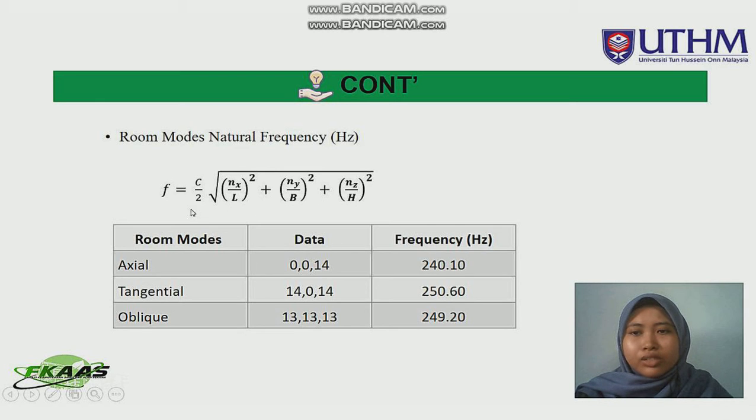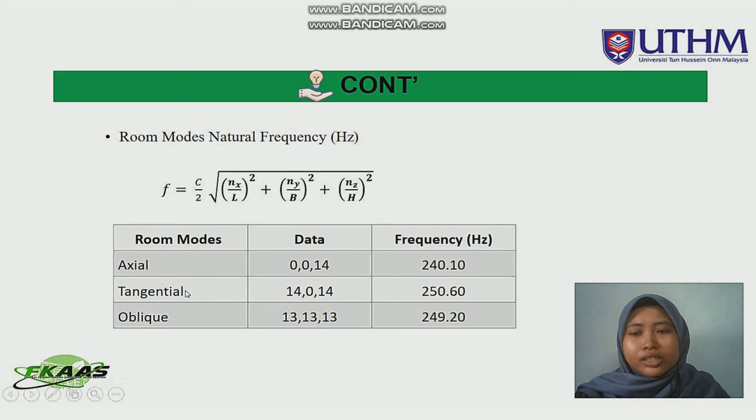The analysis of the frequency needs to be made up to 250 Hz. For the axial room mode, the data is 0 0 14 and the highest frequency is 240.10.